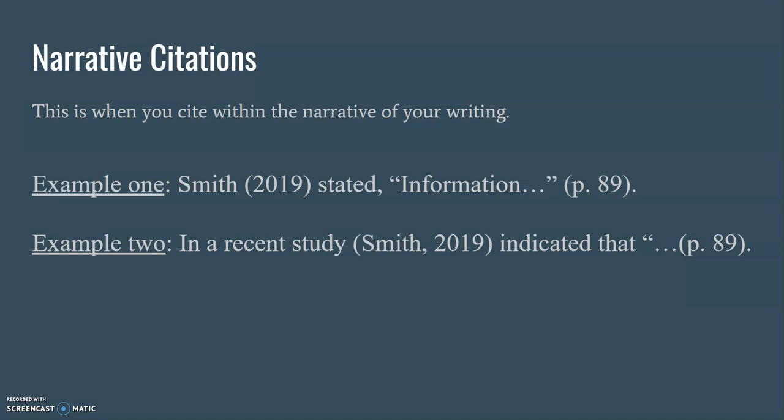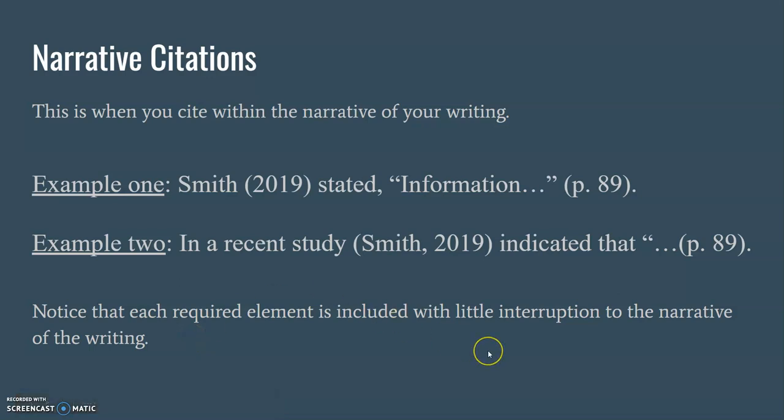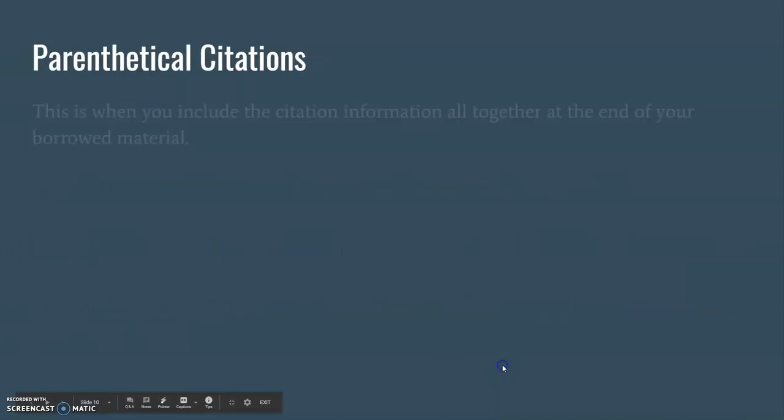And that's what's most important: making sure that a reader can identify what part of your text is associated to what author or reference that's in your reference list. So notice here that each element is included, like we said, and it has minimal interruptive qualities to your overall narrative of your writing.